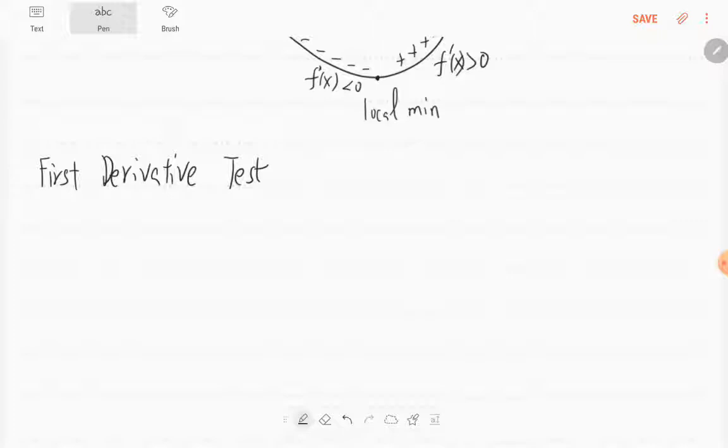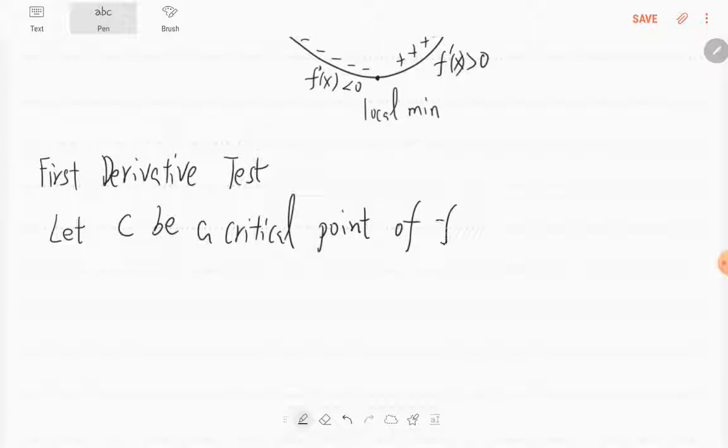First derivative test. It says let c be a critical point of the function f of x.